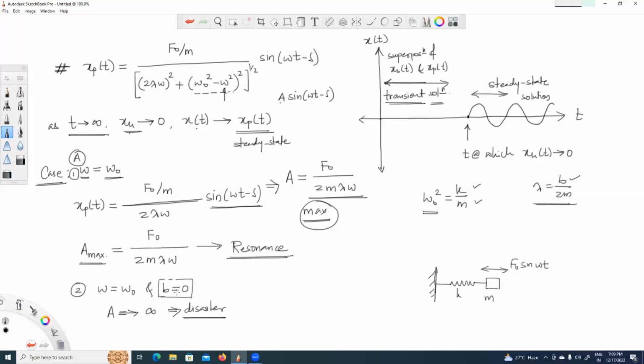So in reality, in practice, our amplitude will never shoot to an infinite value. But for certain small dampings, it will definitely shoot up. So let's discuss this. We are not bothered about the B equal to 0 condition, so we'll never take B equal to 0. We only take this particular resonant condition, in which the system is vibrating and the forcing function has a frequency equal to the natural frequency of the system.